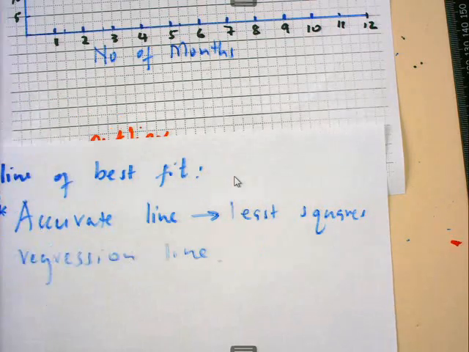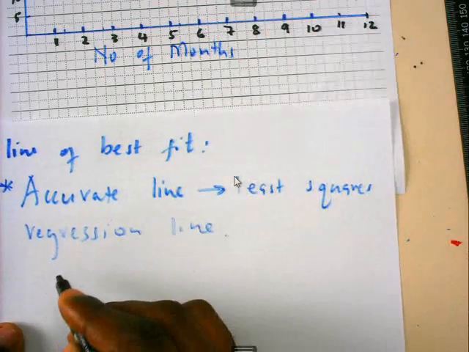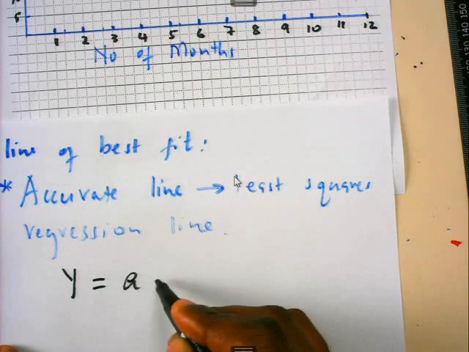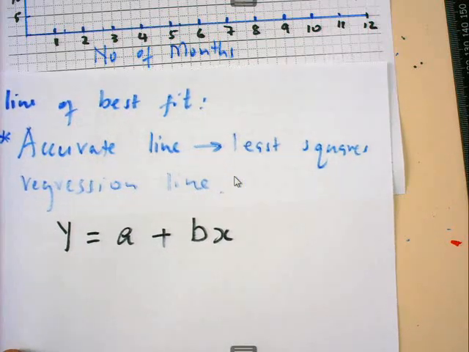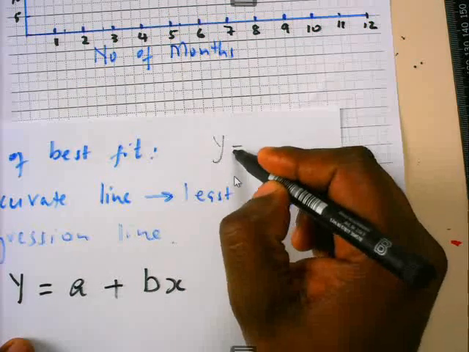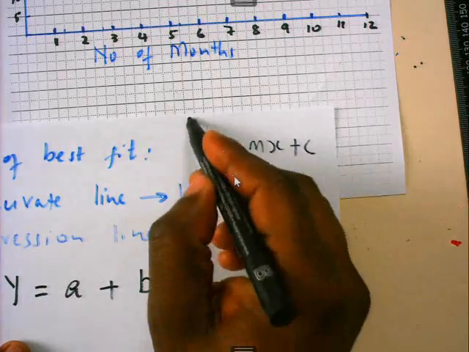Now the least squares regression line, obviously because it's a linear line, will have this kind of expression. I'm sure this is an expression you are familiar with. Remember, we always dealt with the straight line, for which we had this formula here.